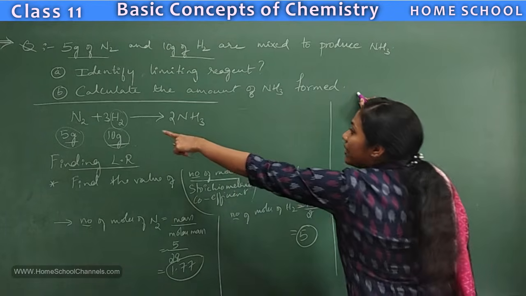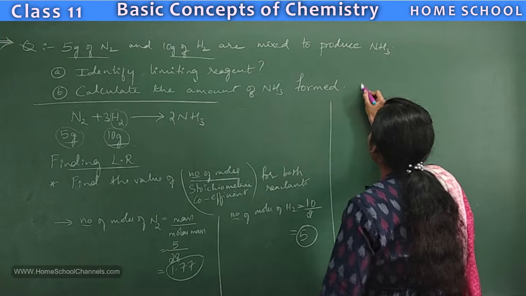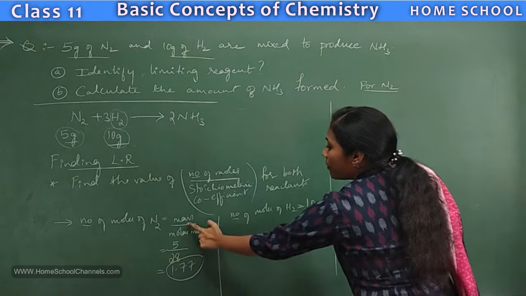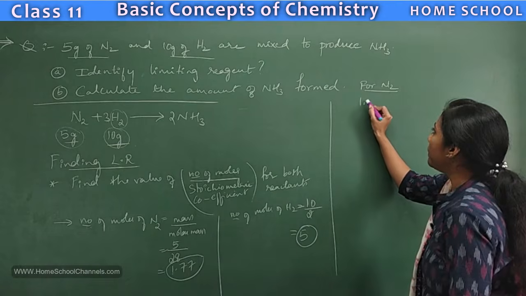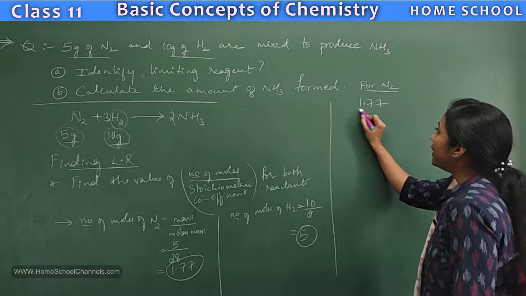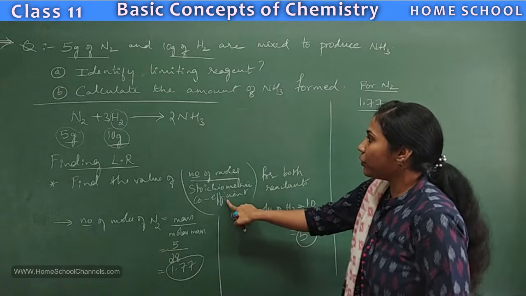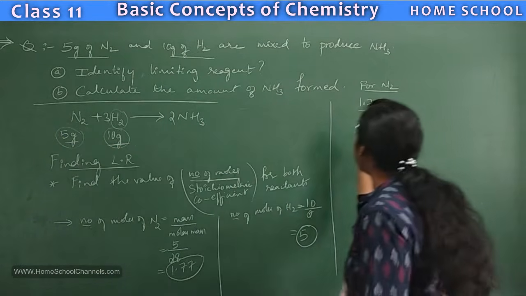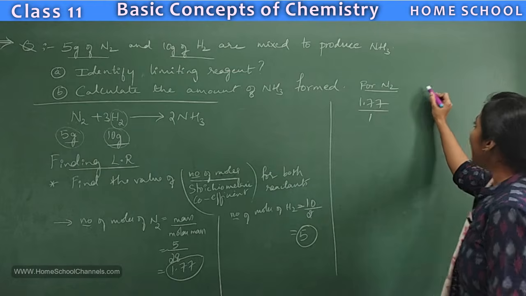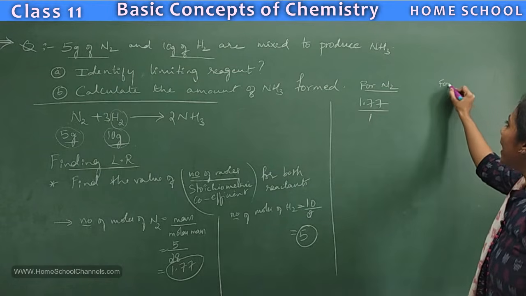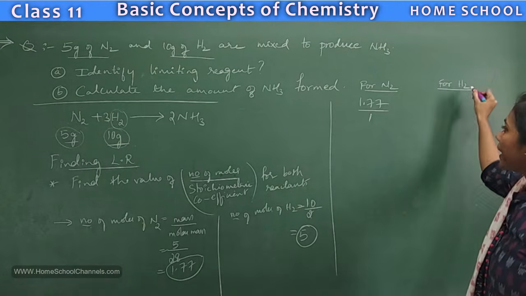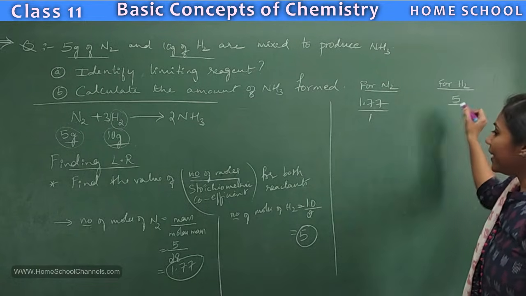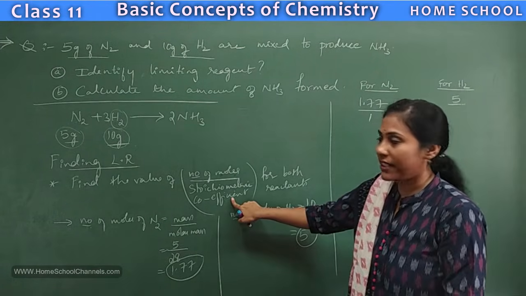Number of moles. Let us do it for nitrogen. So what is the number of moles of nitrogen? It is 1.77 divided by stoichiometric coefficient. What is the stoichiometric coefficient for nitrogen? It is 1. Now let us do it for hydrogen also. For hydrogen, what is the number of moles? 5 divided by stoichiometric coefficient is the formula.